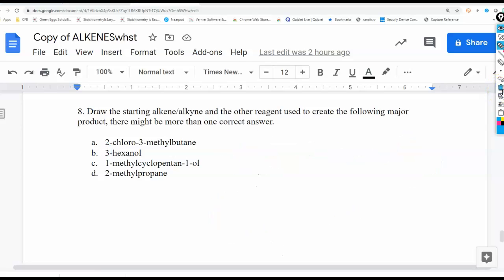Okay, so how do we make 1-methylcyclopentan-1-ol? So the cyclopentan-1-ol, there's that, and that means I have an alcohol there, and also at that same point I have a methyl group there. Okay, so cool. Let's see if we can figure out what came from that. So we know some water came from that.